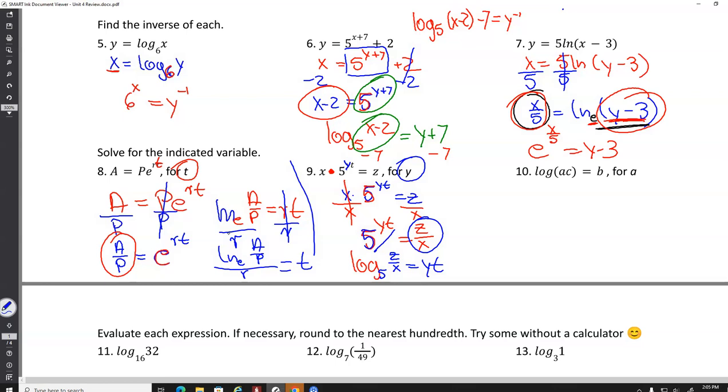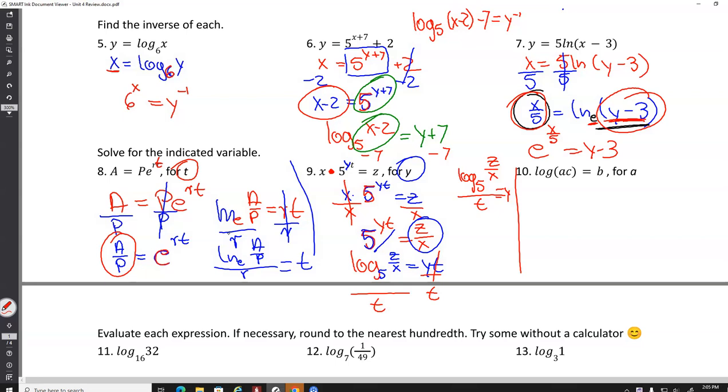Now since you are solving for y, I'm going to take it and divide both sides by t. So your final answer is going to be log base 5 of z over x, divided by t. And that's y equals, because we were solving for y.